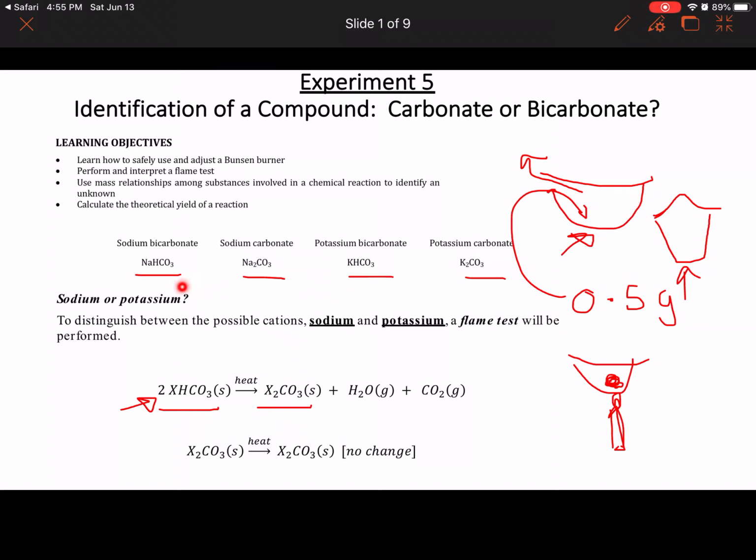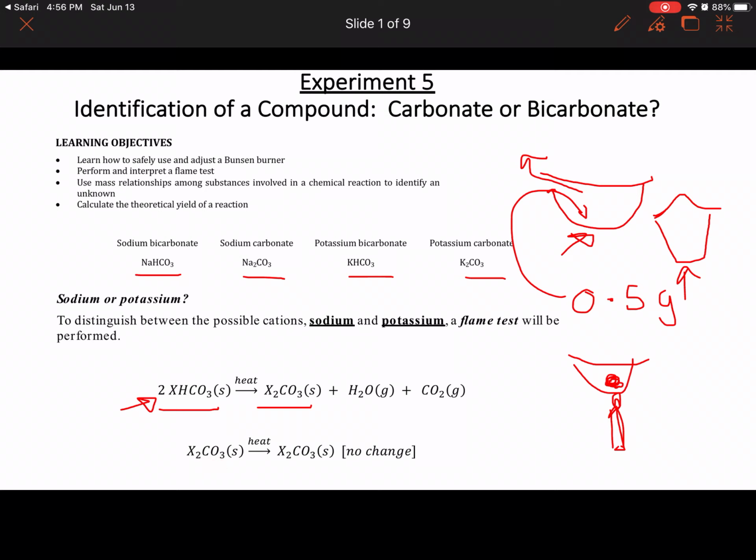And if you get a yellow color, then we know your compound is a sodium compound. So by the flame test, you know whether your unknown metal is potassium or sodium, and from the mass loss, you can identify whether you have a hydrogen carbonate or just a carbonate. That is the reason for our first heating.